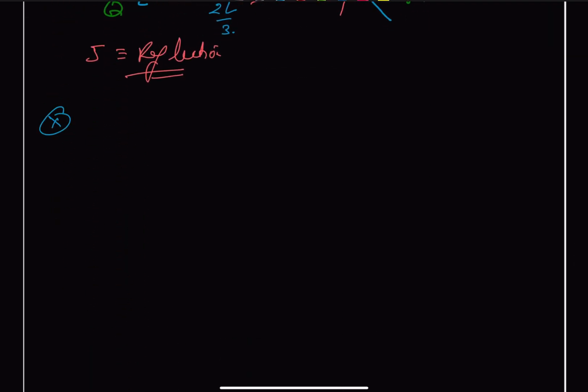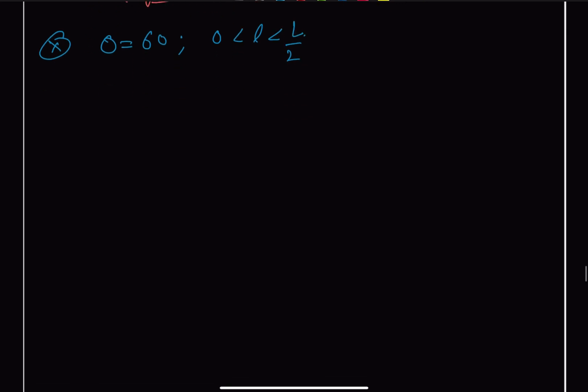So we can say that theta is equal to 60 and our L is, that the position of hole is between L and L by 2, sorry, capital L by 2. And once again we can draw the figure.